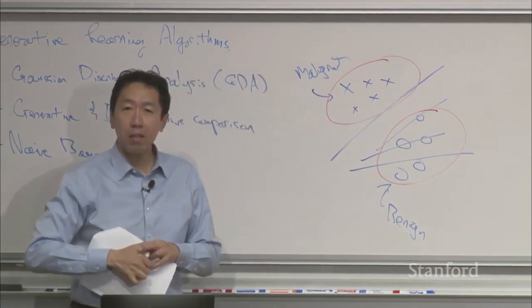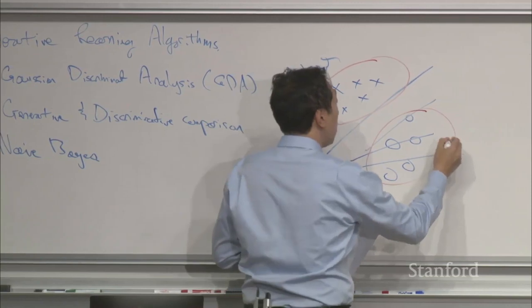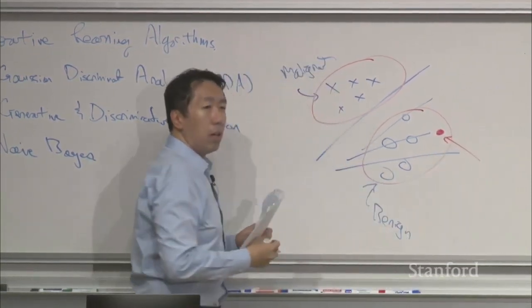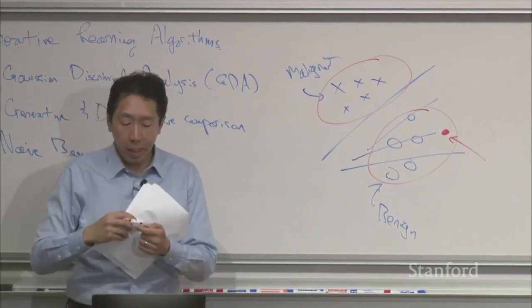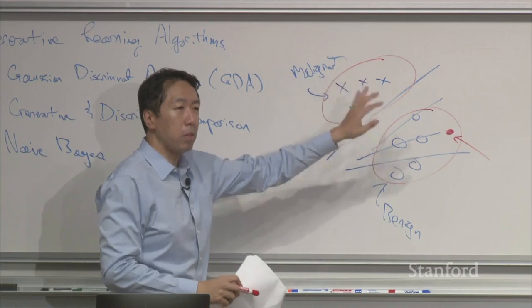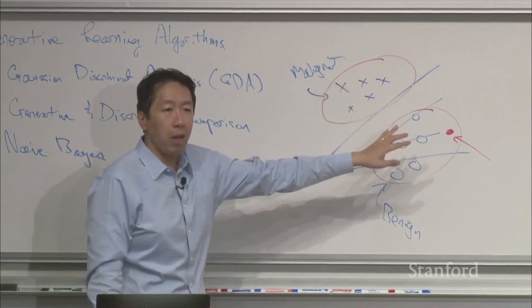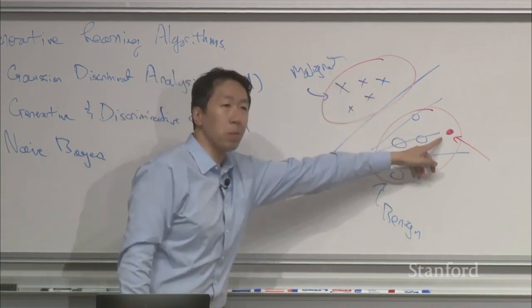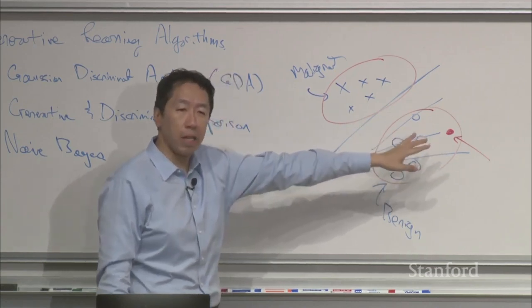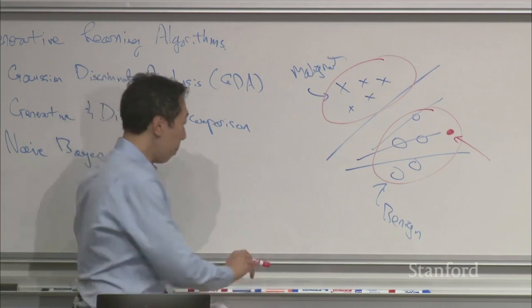And then at classification time, if there's a new patient in your office with those features, it would look at this new patient and compare it to the malignant tumor model, compare it to the benign tumor model, and then say, in this case, oh, this one looks a lot more like the benign tumors I had previously seen, so I'm going to classify that as a benign tumor. Okay?